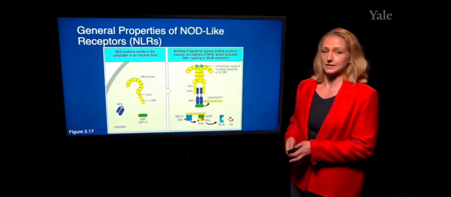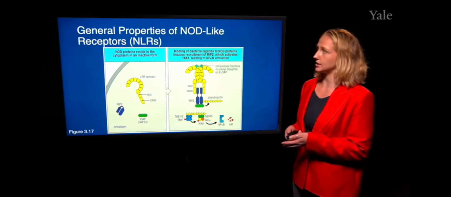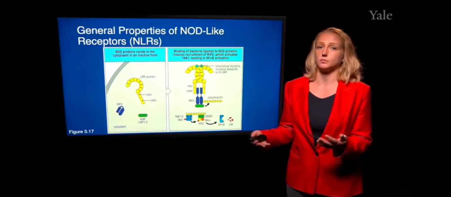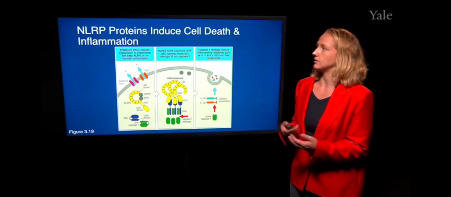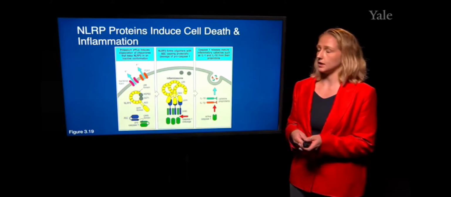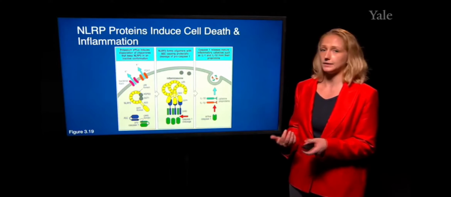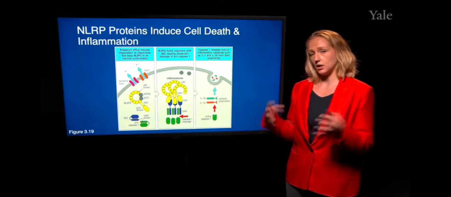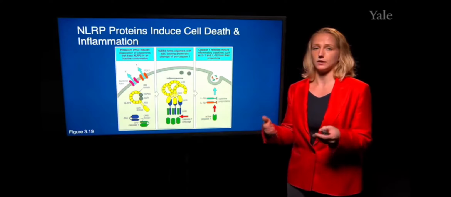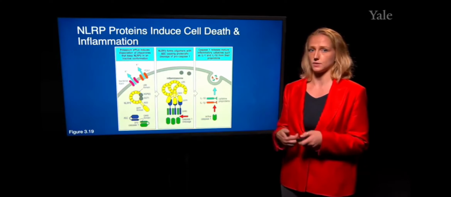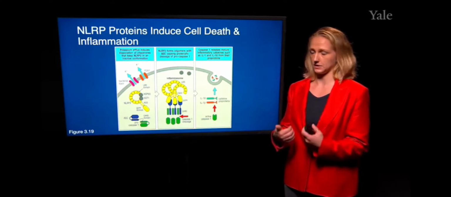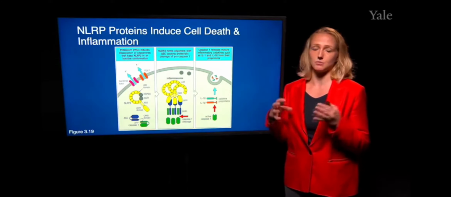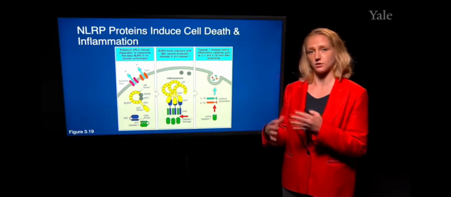But as I just mentioned, Nlrs also have the unique property of being able to induce cell death in the host cell. So again, the induction of apoptosis, or cell death, in host cells that contain intracellular bacteria or viruses is really critical in minimizing the locations where these pathogens can replicate and produce more of themselves.